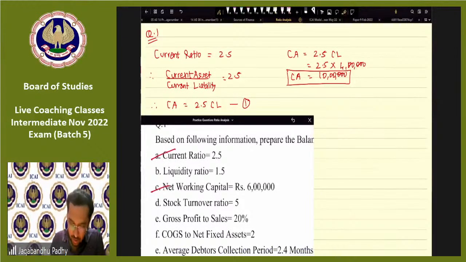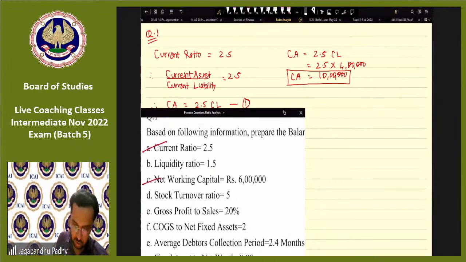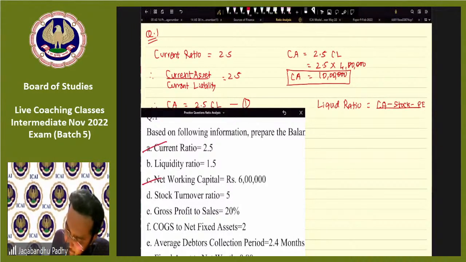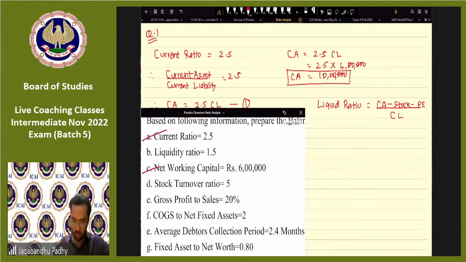Which is the other ratio that we can use? Obviously, it's the liquidity ratio, which we have as 1.5. We know liquid ratio or quick ratio or acid test ratio is current asset minus stock minus prepaid expenses upon current liability. But there is no information in the question regarding prepaid expenses, and we can safely assume that the company doesn't have any prepaid expense.